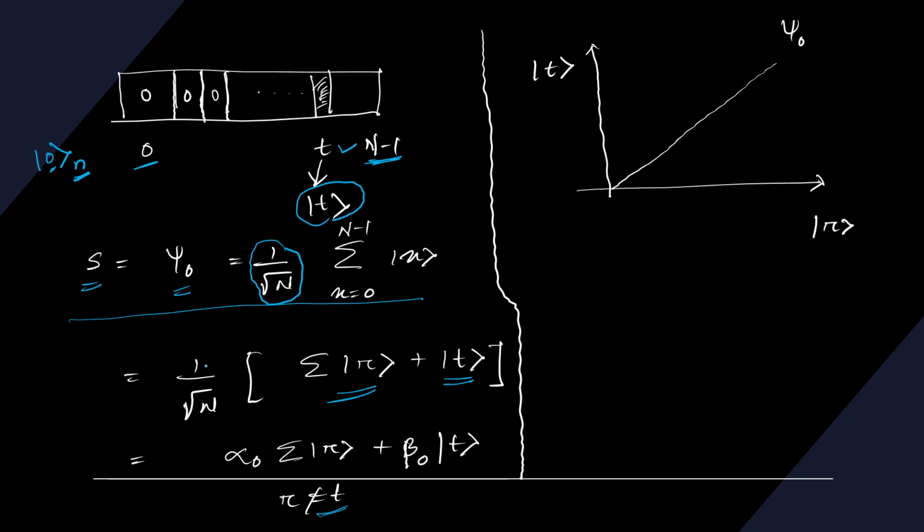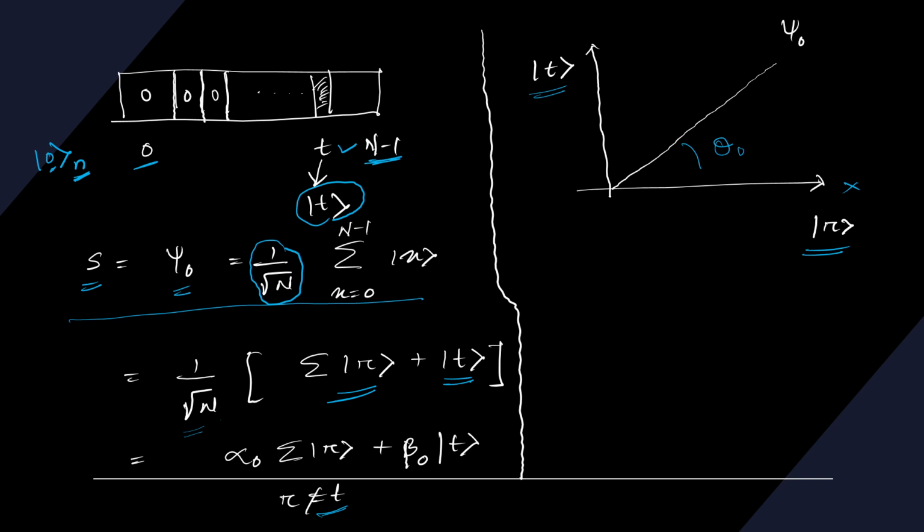Here the amplitude of all the remaining states is 1 by root n and the target state is also 1 by root n. If I represent this graphically, taking the remaining states and target state on the x-axis and y-axis, the superposition state will be in the middle, making an angle theta naught. Both amplitudes are the same, that's why it goes in the middle of the x-axis and y-axis, making an angle theta naught.